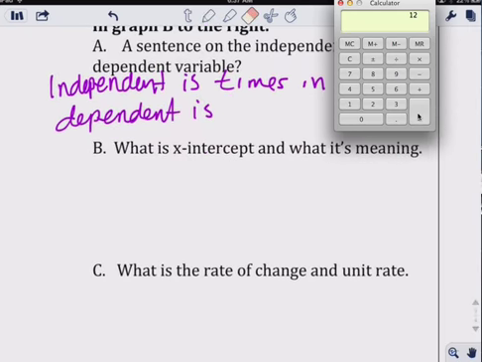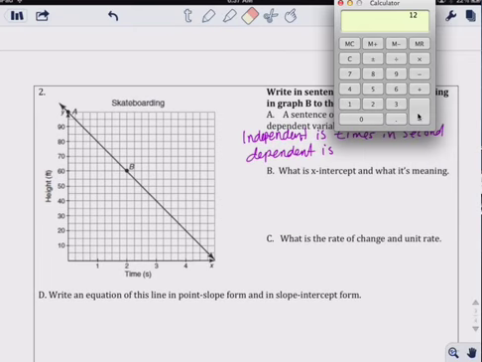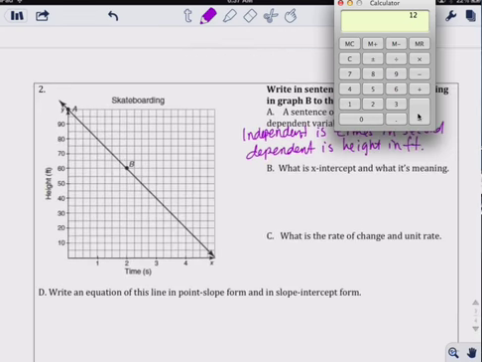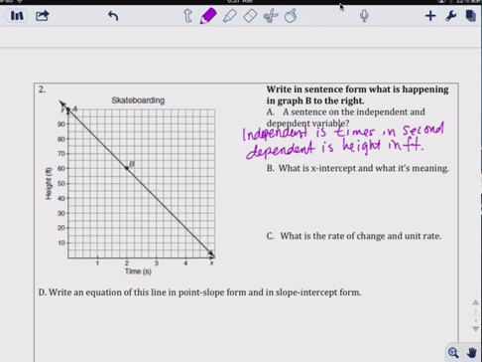Dependent is height in feet. Oh, sorry, I didn't realize this is here. Get my height in feet. Most kids know this.